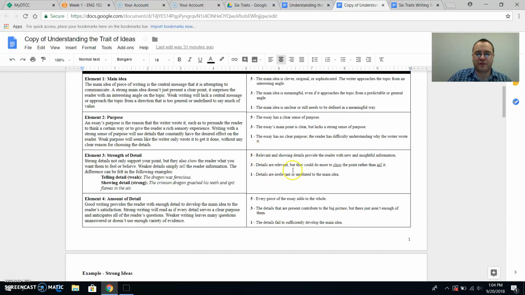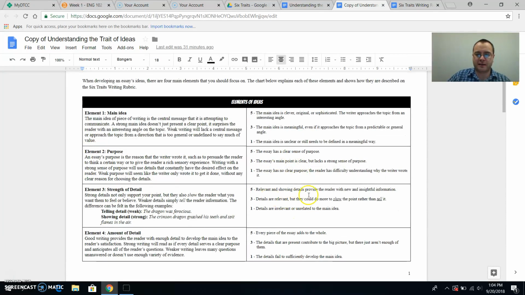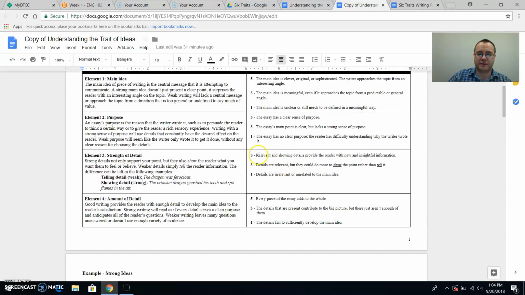Okay. And over here on the right-hand side, this explains how we could describe the strength of detail at different levels. So our rubric uses a 5-point scale, 1, 2, 3, 4, or 5. We only define levels 5, 3, and 1. 2 and 4 are reserved for sort of in between.